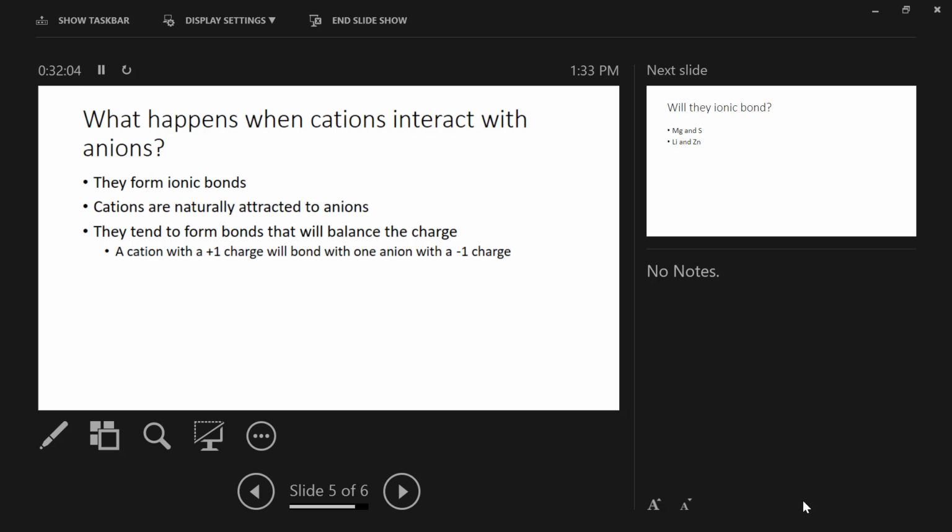So again, this is not how it is always going to work. So let's take calcium, for example. What's the charge on a calcium ion? Positive 2. But it's going to be attracted to more than just ions with a negative 2 charge. It'll also be attracted to ions with a negative 1 charge, or a negative 3 charge, or a negative 4 charge, because opposites attract. You'll just need different numbers of those materials to get it all balanced out.